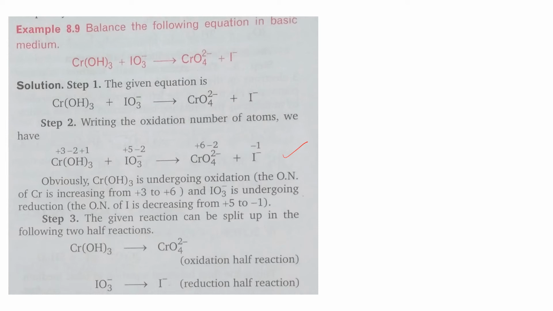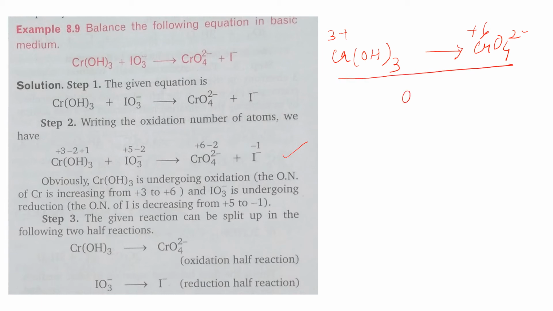So this Cr(OH)3, this is plus 3, it is going to CrO4 2 minus, where chromium is plus 6. Now you can see that plus 3 to plus 6 means there is an increase in the oxidation number. So this is the oxidation half reaction.